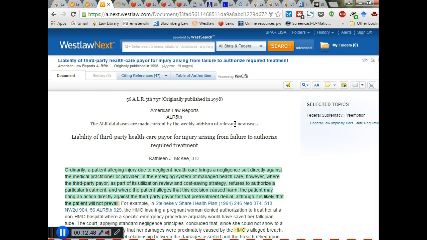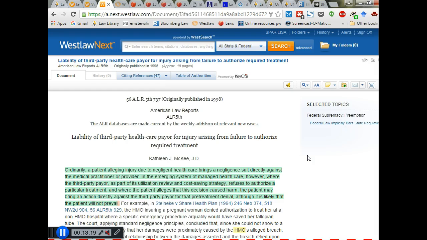Okay, and were you able to look at it in depth any further? Well, we kind of just took it from here. There is some case law in there, but obviously if we were looking at the ALR, we couldn't examine that. But we went into the ALR and also looked up ERISA, because we remember from last class that ERISA came into play.